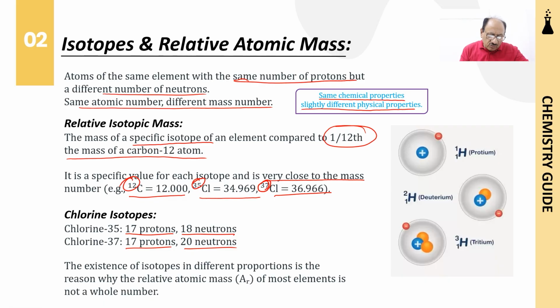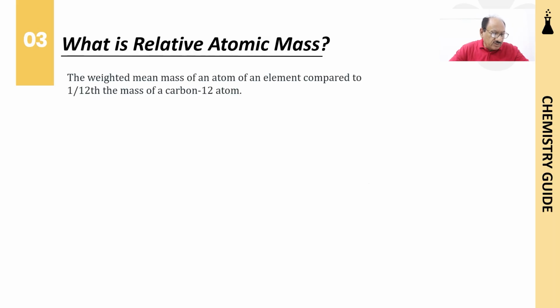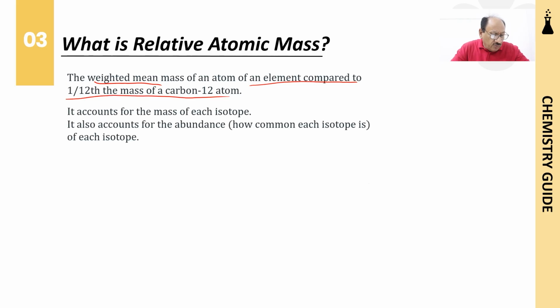The existence of isotopes in different proportions is the reason why the relative atomic mass of most elements is not a whole number. So we calculate the percentage abundance. How do we define relative atomic mass? It is the weighted mean mass of an atom of an element compared to 1/12th of the mass of carbon-12.